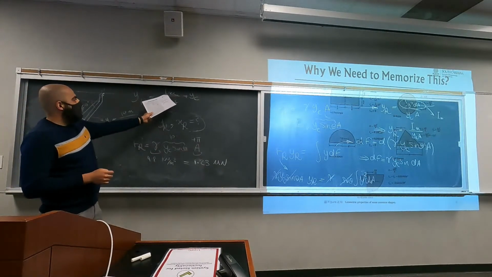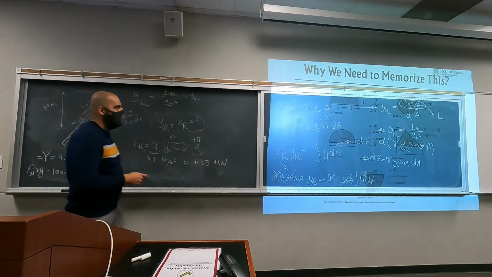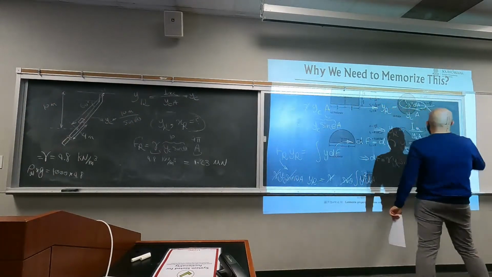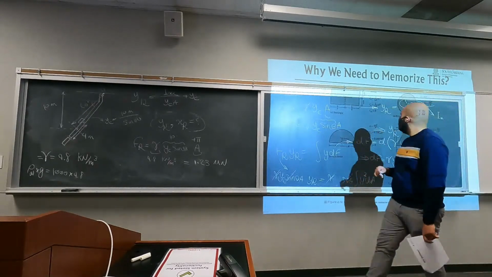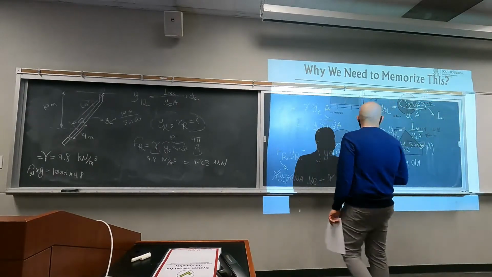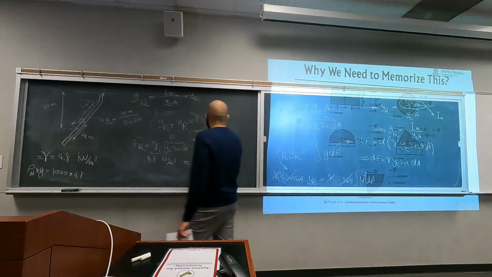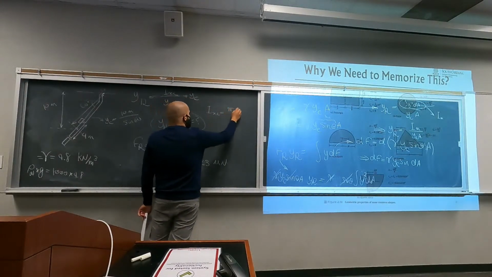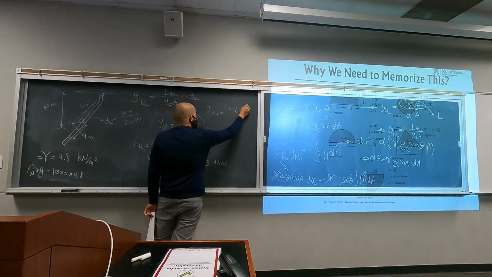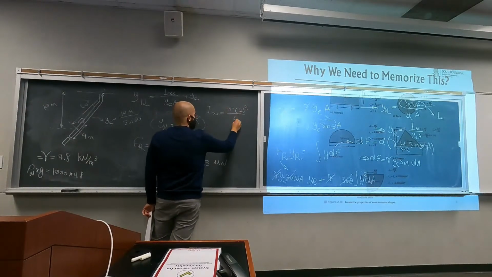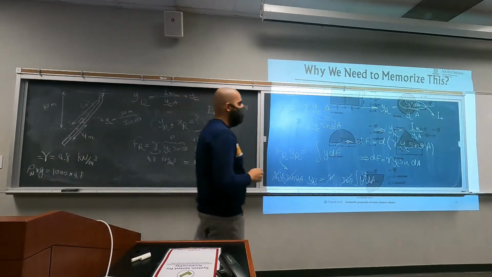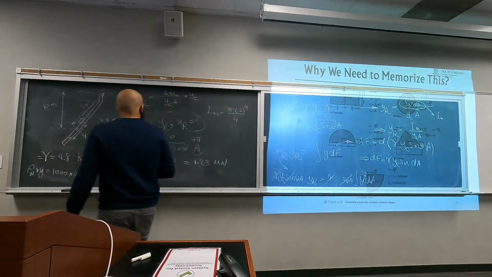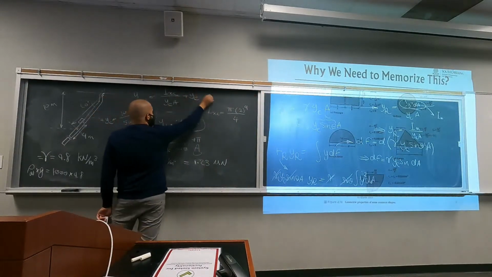Then we need to find I_xc. We have the formula again. It is pi r to the 4th divided by 4. Just have to keep in mind that r here is the radius. So I_xc is pi 2 to the power 4 divided by 4. Plug this value in here.